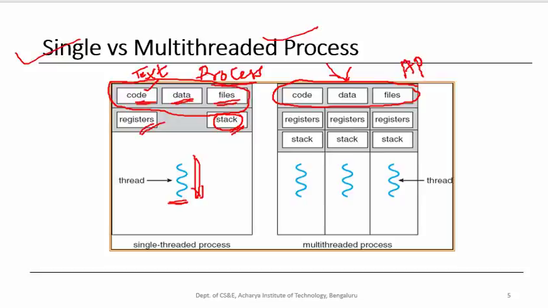That means all the threads here, there are three threads of execution, share the code part, data part, and files part, or any other resources allocated by the operating system to that particular process.